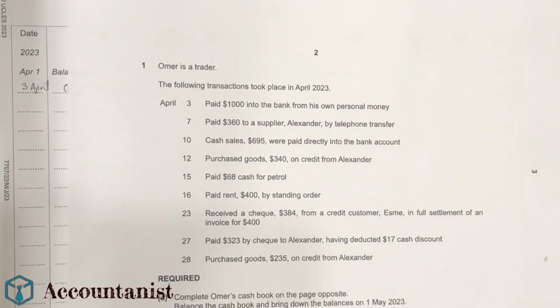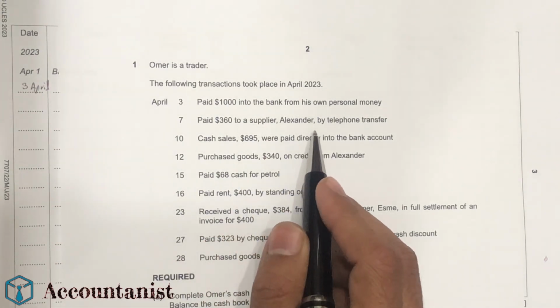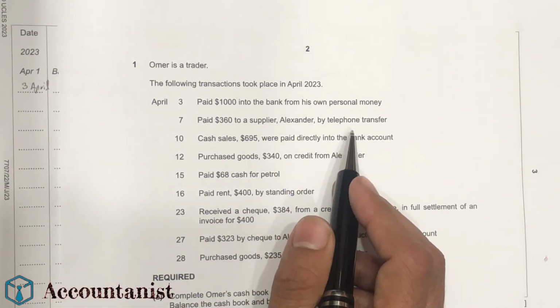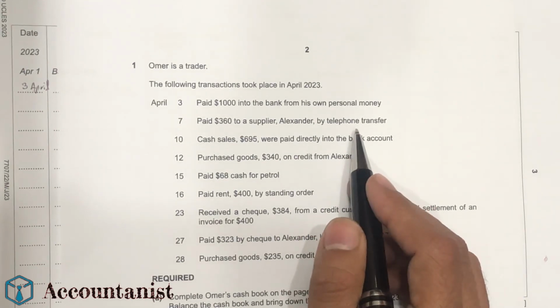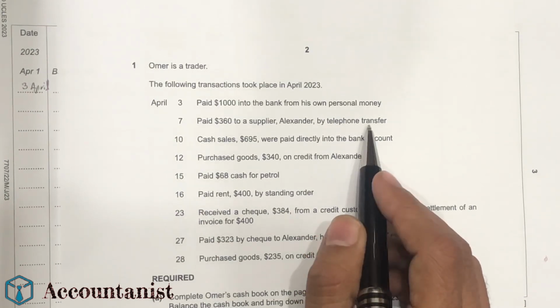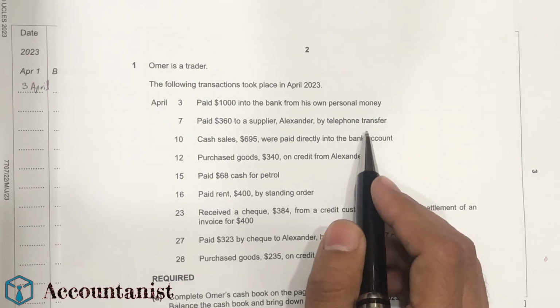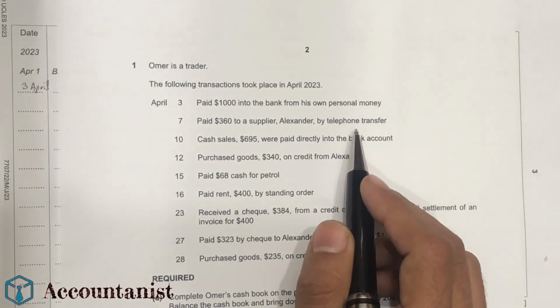The next entry says paid $360 to a supplier Alexander by telephone transfer. Here I would like to mention to all of my students that whatever is written here instead of cash, standing order, direct debit, telephone transfer, online transfer, it will be adjusted in the bank column.